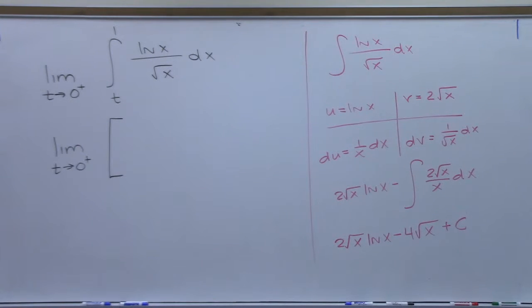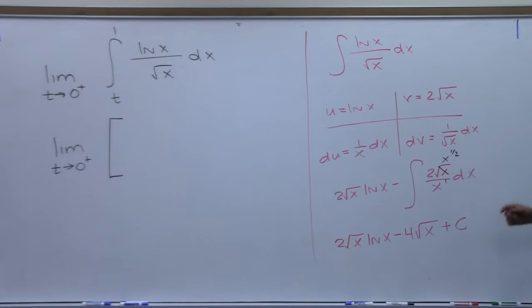With the two endpoints. What did you use to integrate the second time? Root x over x is 1 over root x. I just used the exponents: x to the 1/2 over x to the 1 turns out to be x to the negative 1/2.